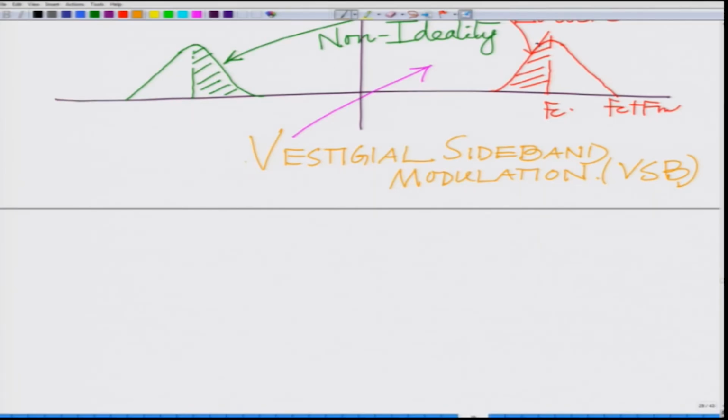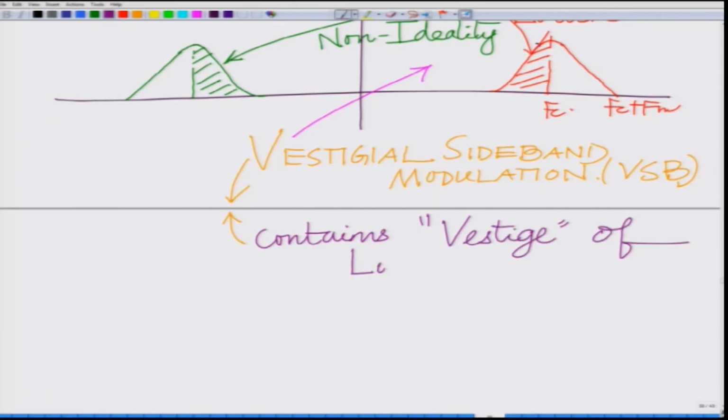For instance, the upper sideband contains a vestige of your lower sideband. Ideally, it is not supposed to contain any part of the lower sideband, but because of the non-ideality of the filter, it contains a small portion, or a vestige, of the lower sideband.